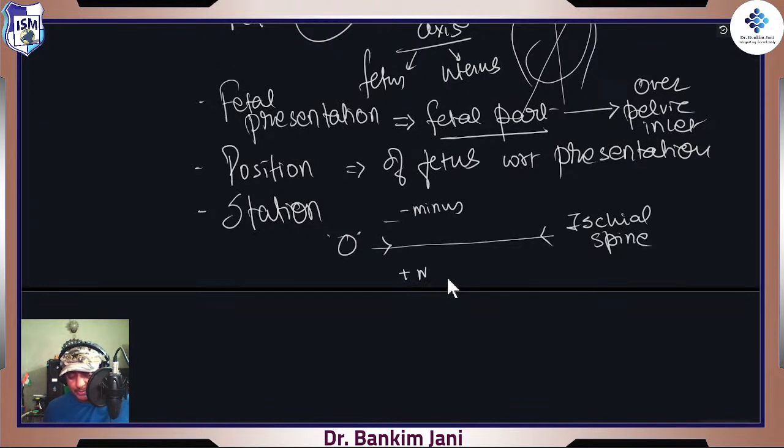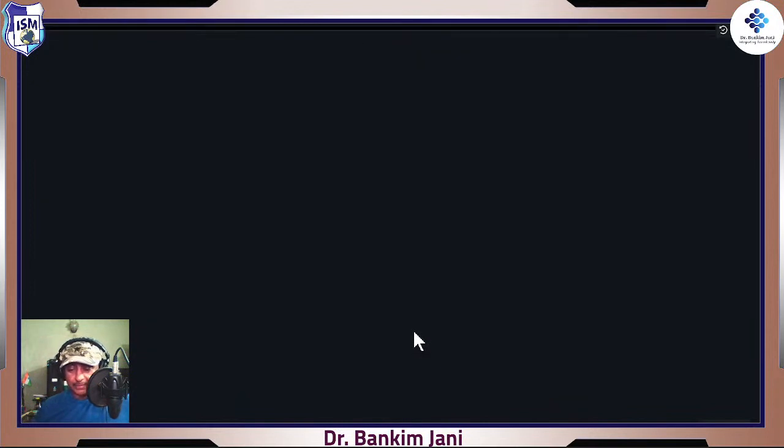Below, they are plus. So that ischial spine plane is what is called the station. So when it is said that it is now at zero station, that means the head has come to that interischial spinal plane. That's where it has reached. So these were the words regarding the passage, that is the maternal pelvis. When it comes to the maternal pelvis, that is the passage.